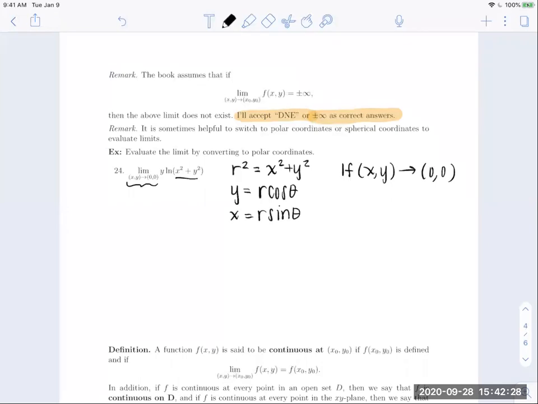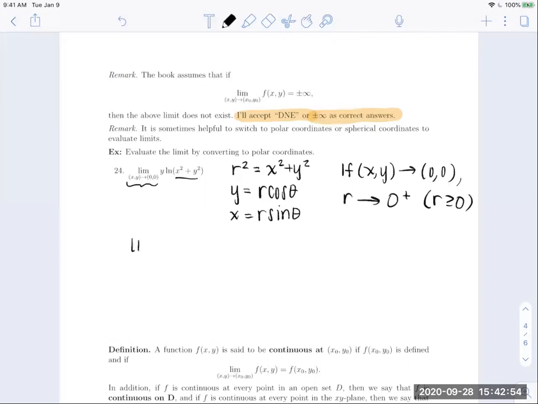They're shifts of one another function-wise. So what I'm saying here is that this implies that r is also approaching 0. And furthermore, we're only approaching it from the right because remember, we're assuming that r is always non-negative in polar coordinates here.